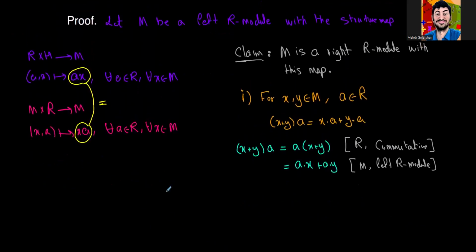Right now, again, we know that this guy is in the ring, and this guy is in the ring, and the ring is commutative. Based on this assumption, R is commutative.